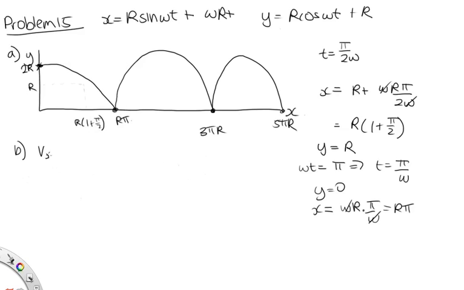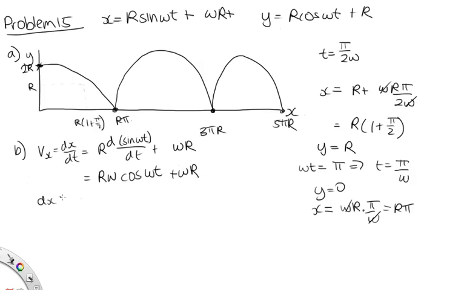So the velocity in the x direction is equal to dx dt. R and omega are constant. So we've got r d sine omega t dt plus omega r. Taking the derivative of this, we get r omega cos omega t plus omega r.